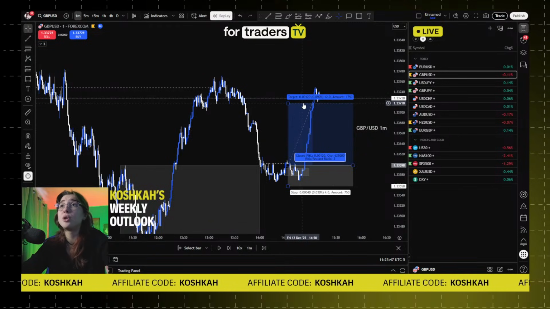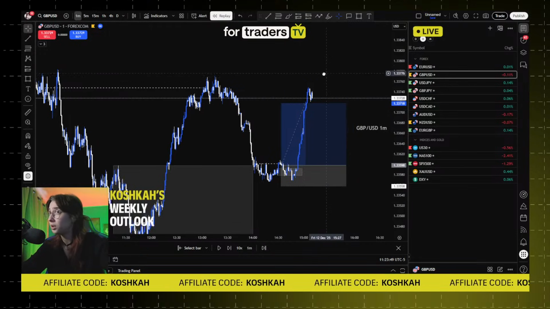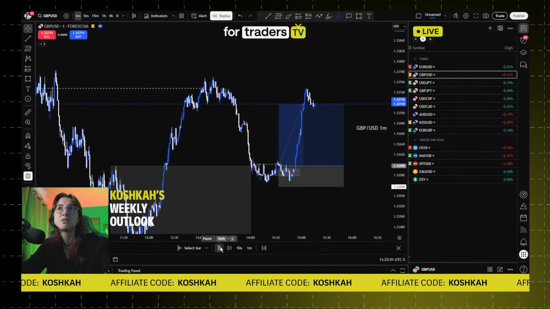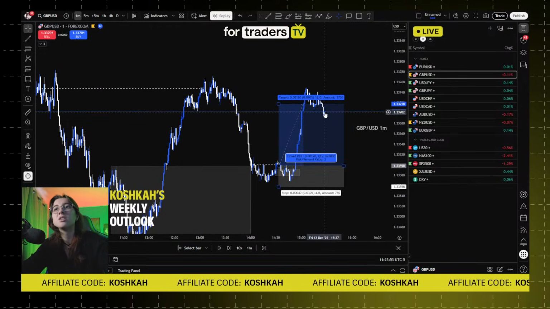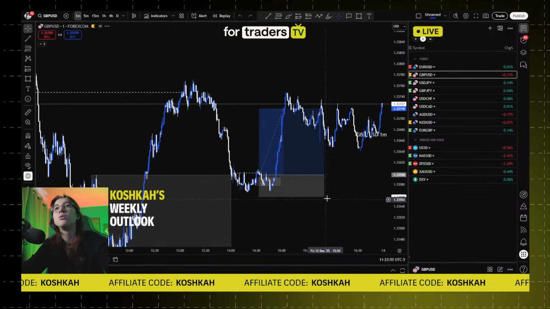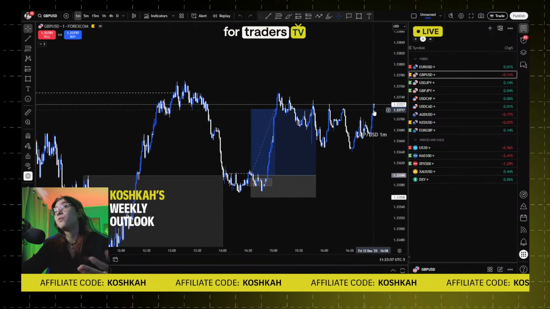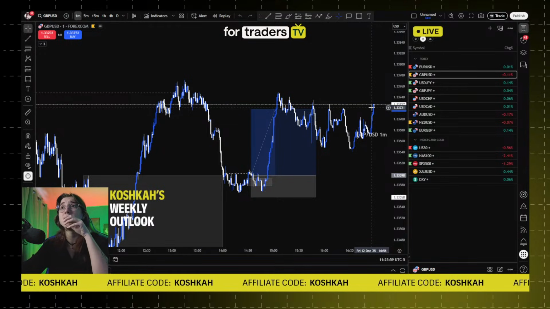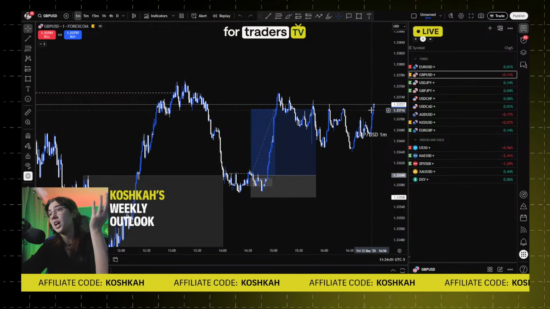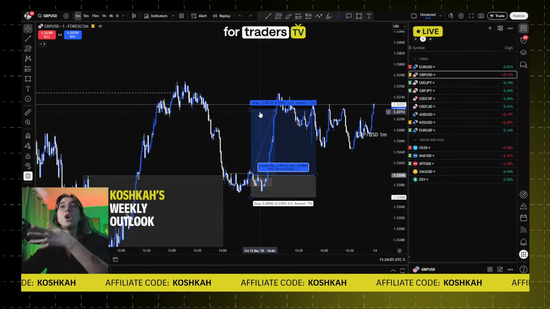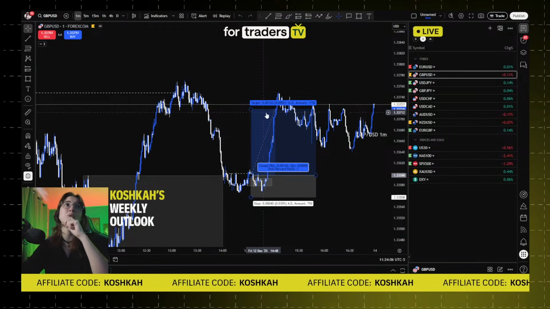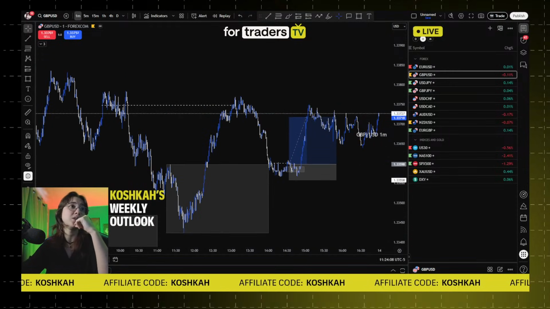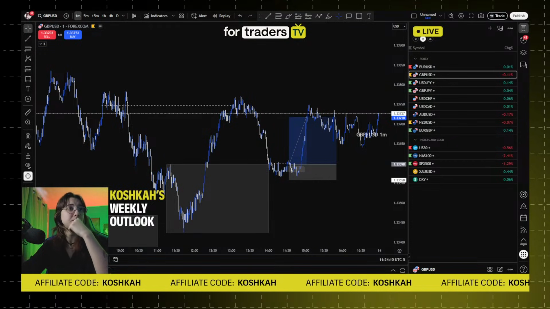So either you could have closed it right here at 1 to 3 fully, or you just let it run a little bit, but honestly there was no need to let it run. Just before market close, it came back to the same area as 1 to 3 risk to reward. So this one was a 1 to 3 risk to reward trade exactly right here.